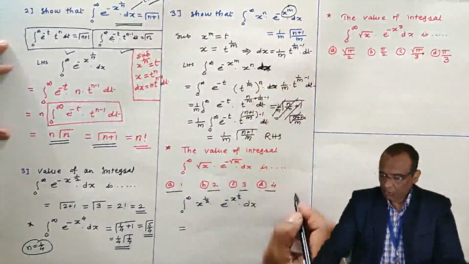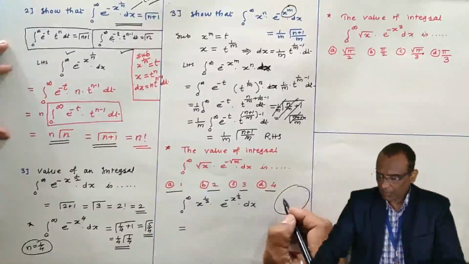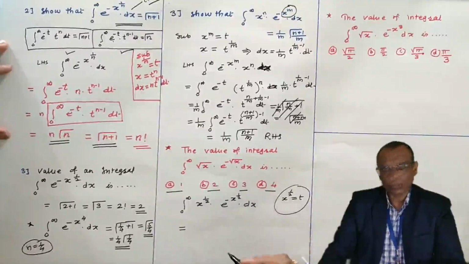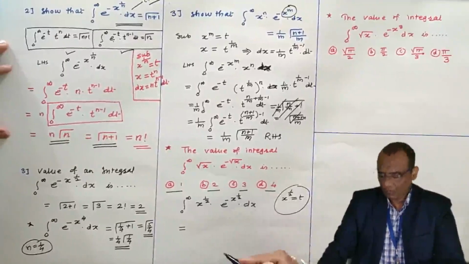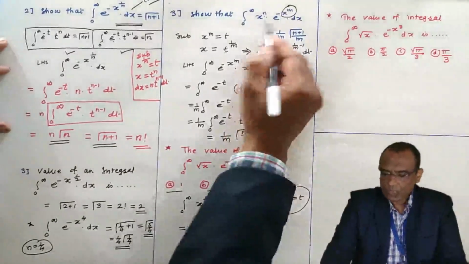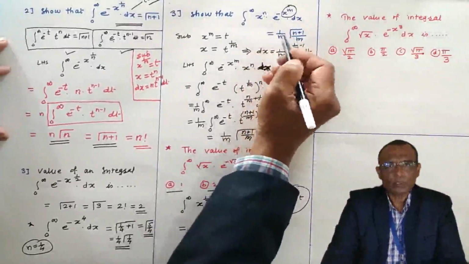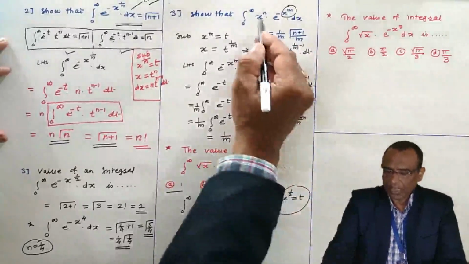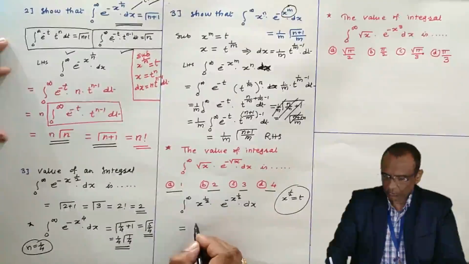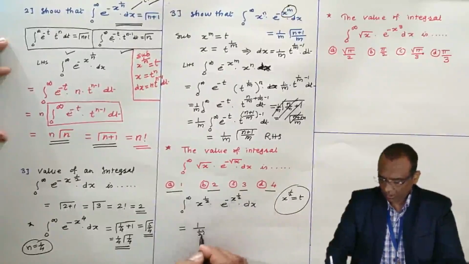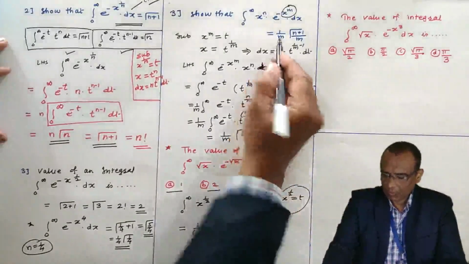Either you can solve this problem by substituting x to the power 1 by 2 equal to t and go on solving. After 3-4 steps, you will get the value of this integral. Or if you use this formula directly, in 1 or 2 steps, you will get the value of this integral. The n is 1 by 2 and m is also 1 by 2.